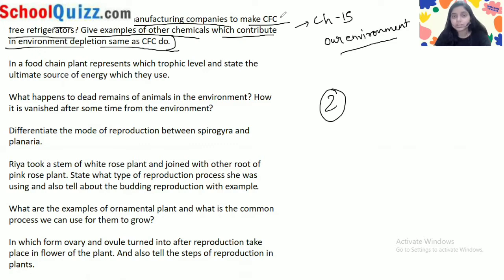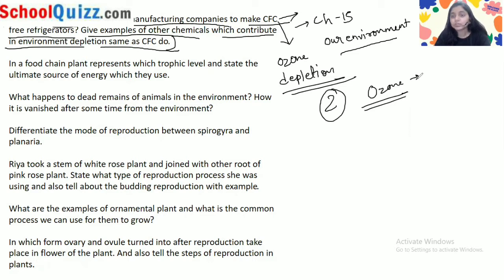Why? Because CFC helps in ozone depletion. CFC is one of the main reasons for ozone depletion. Now you will be thinking, what is ozone depletion? In our environment, ozone gas is formed.